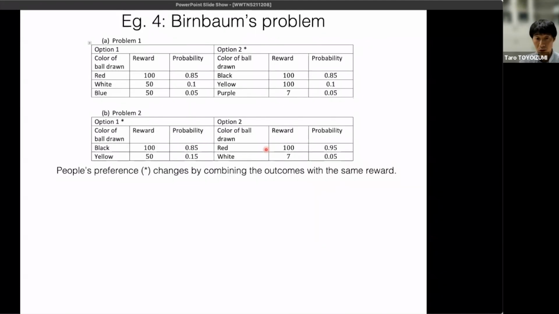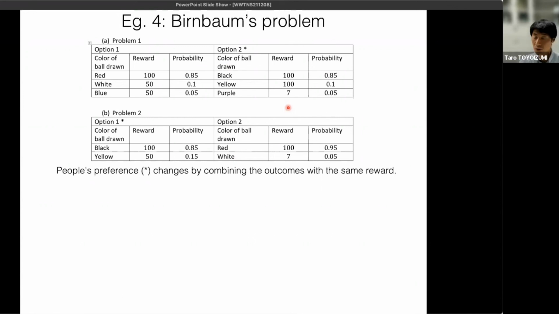So let me introduce the final example, Birnbaum's problem. This example was introduced as a counterexample of the prospect theory. Basically, the prospect theory says that the same outcomes can be combined.